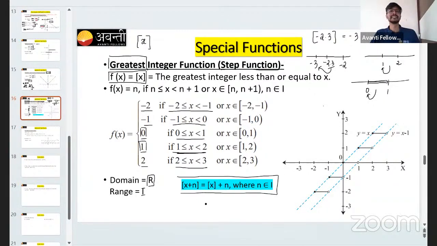that means greatest integer of x plus n, I can write it in terms of integers. Suppose, for example, someone asks me to find the greatest integer of 2.3 plus 1.